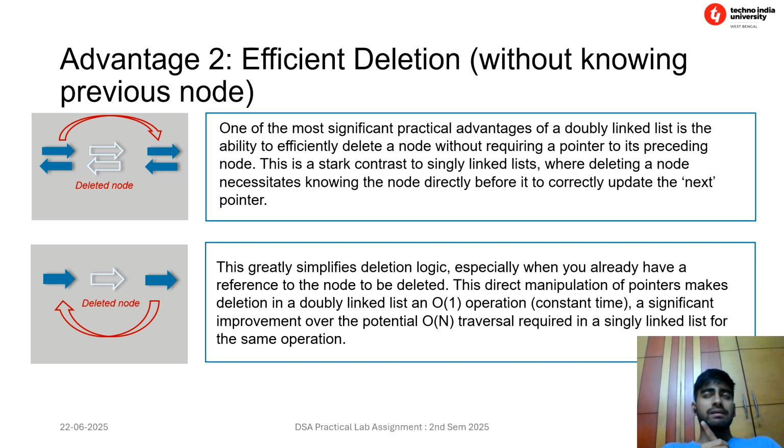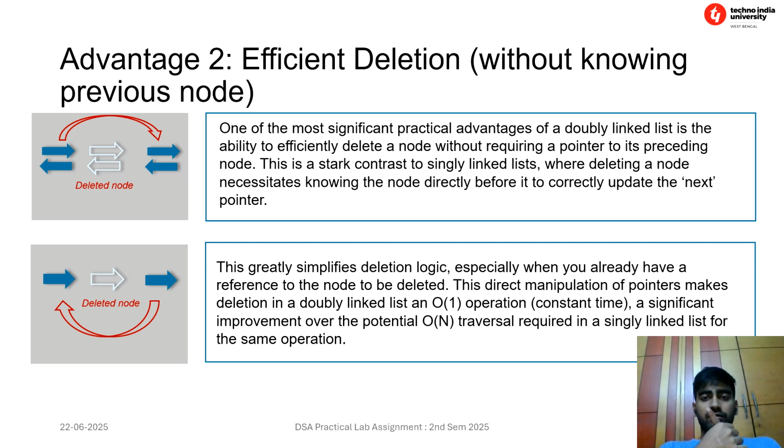How this happens is, suppose the same scenario, we have a pointer towards the node in a doubly linked list which needs to be deleted. So we delete it. The advantage is that not only can we update the next node, we can also update the next pointer of the previous node, because the node which is being deleted has a previous pointer, which allows us to traverse backwards in the linked list.